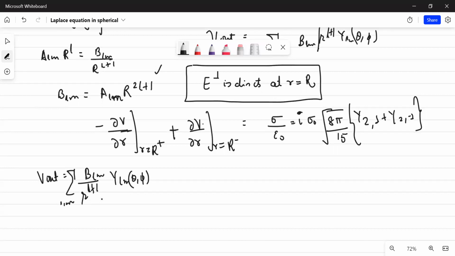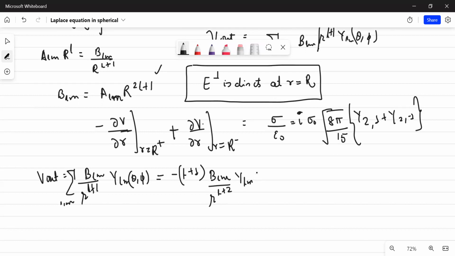So I'll take a derivative of it. The derivative would be minus (l plus 1) B_lm divided by r raised to power l plus 2 times Y_lm(theta, phi), evaluated at r equals R. So here you will have (l plus 1) B_lm and the spherical harmonic Y_lm(theta, phi), divided by R raised to power l plus 2.